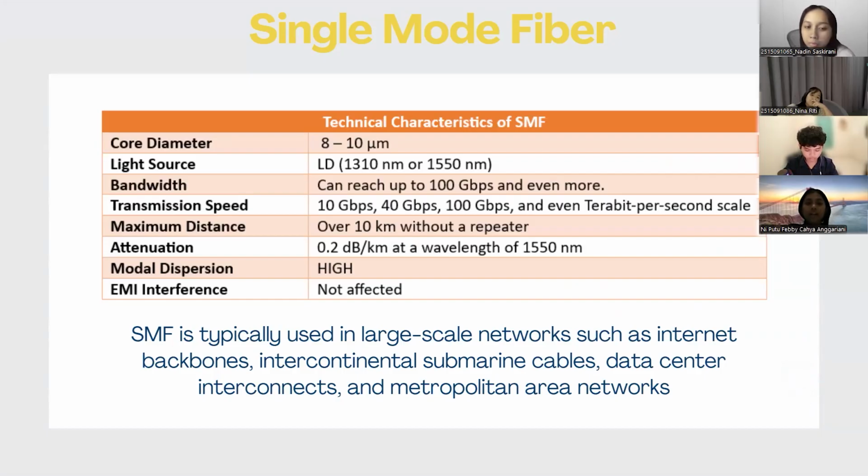single mode fiber. As shown in the table, SMF has a very small core diameter of 8 to 10 micrometers and uses a laser light source operating at a wavelength of 1310 nanometers or 1550 nanometers.